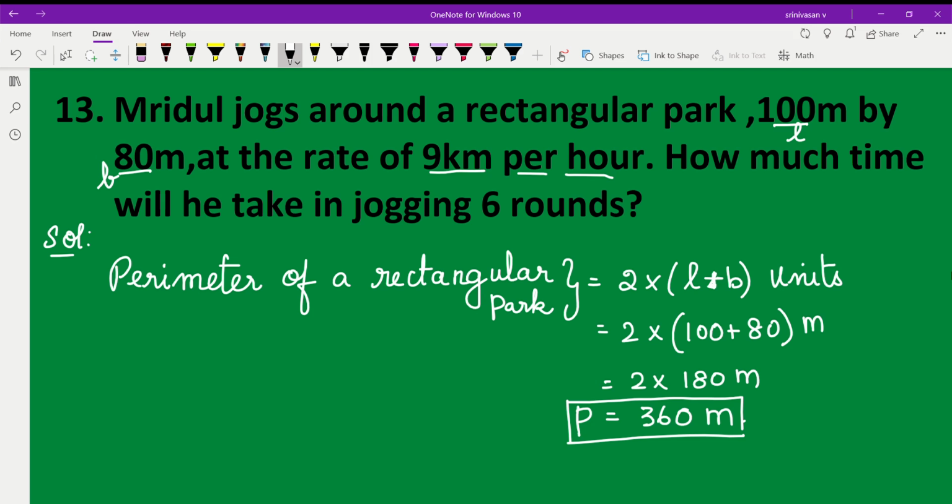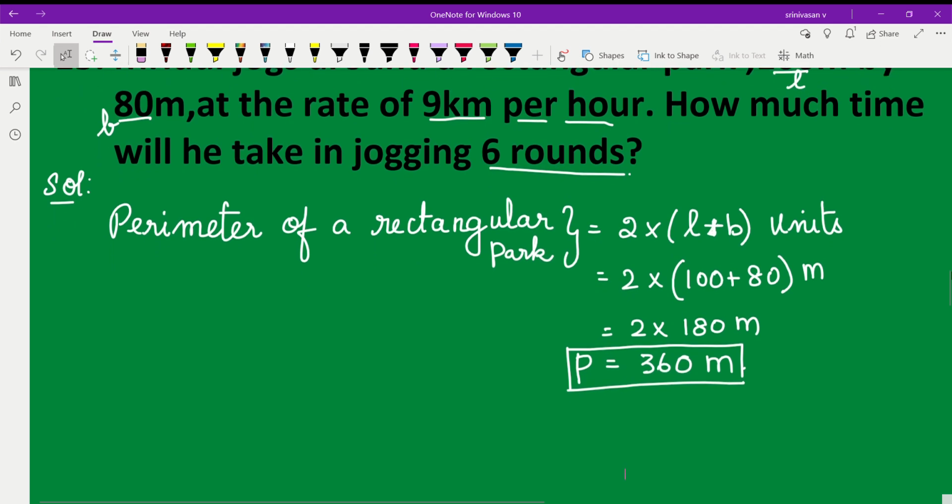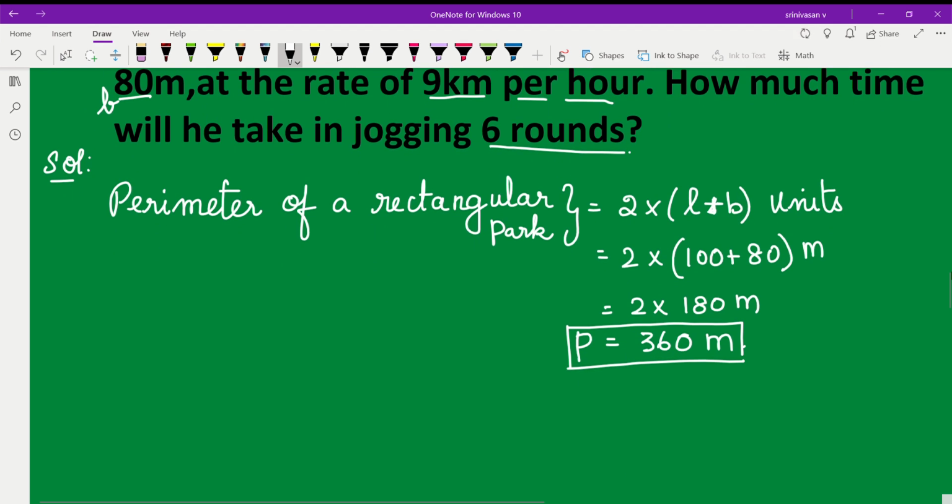Now we have a distance which he covered in 1 round, but we need to find the distance covered in 6 rounds. So just multiply the perimeter by 6. One round of jogging.